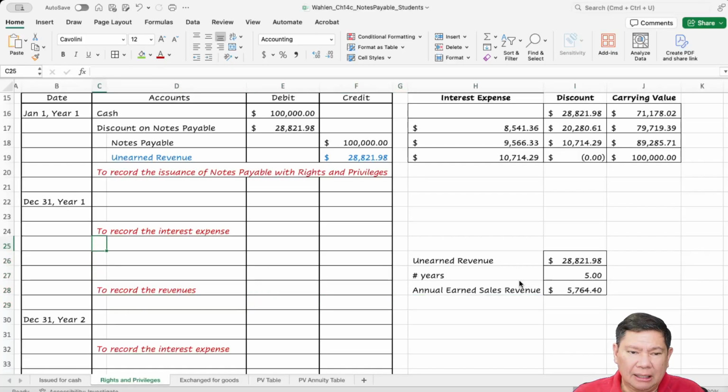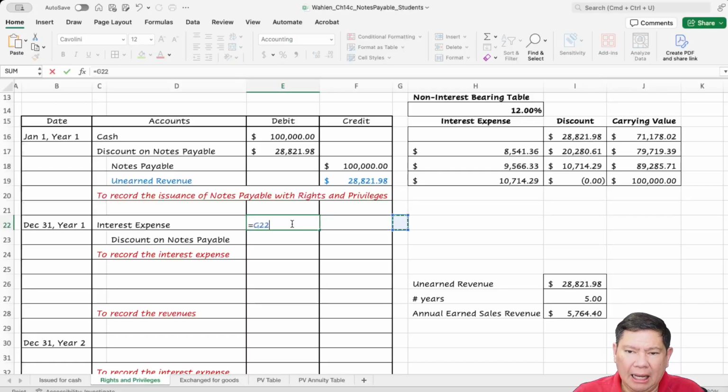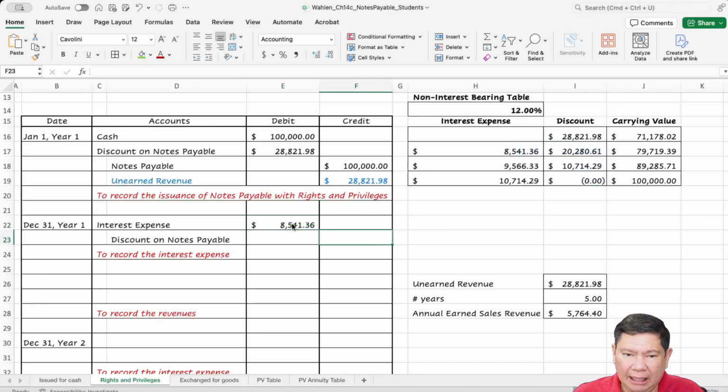First, we need to recognize the interest expense from the notes payable. Okay, so we have to put interest expense, and we amortize the discount on notes payable. And we are using the first row here, the first year, equals 8,541.36, debit and credit.